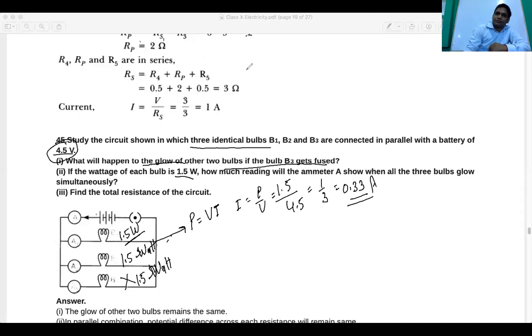Now they are asking to find the total resistance of the circuit. So first you will find the resistance of each individual bulb. What will you use here?